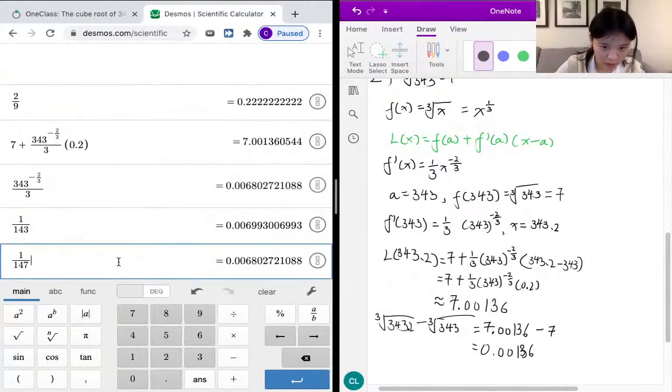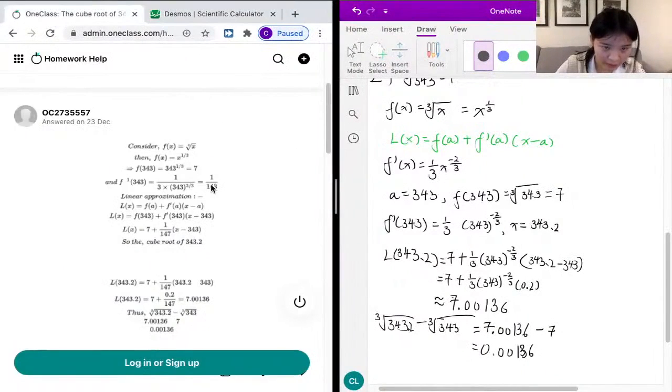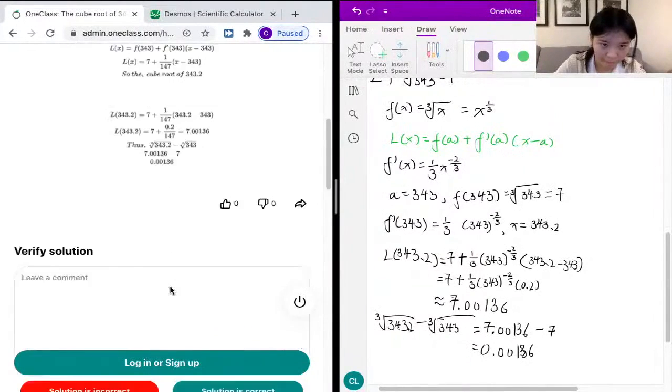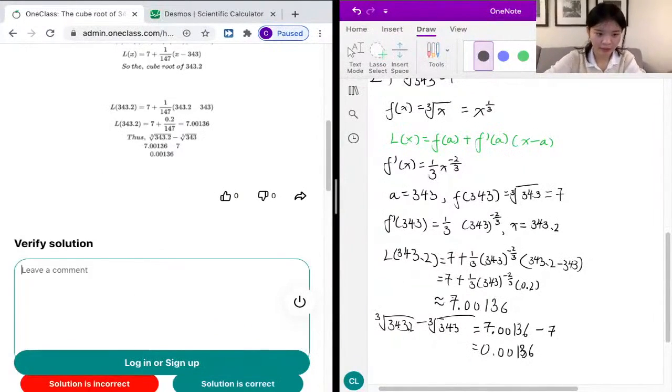Okay, so the value of our term f prime of a is actually 1 over 147, not 1 over 143. So their fourth line is incorrect, but they made their changes over here, so their final result is correct.